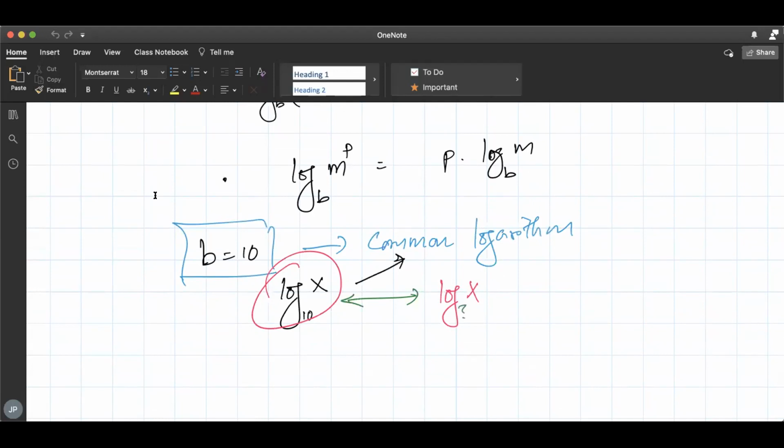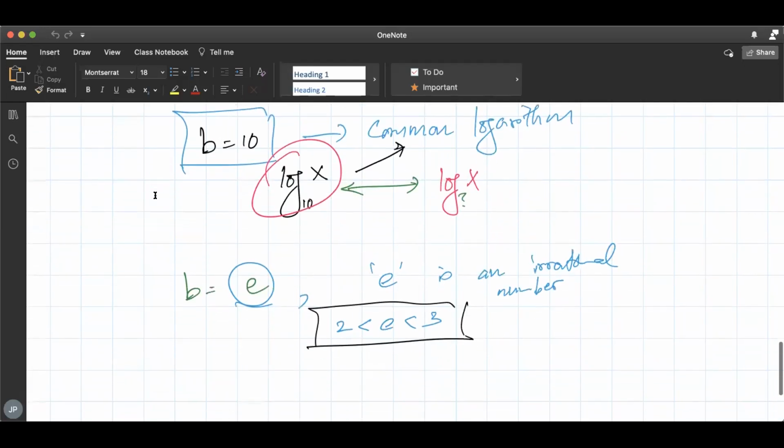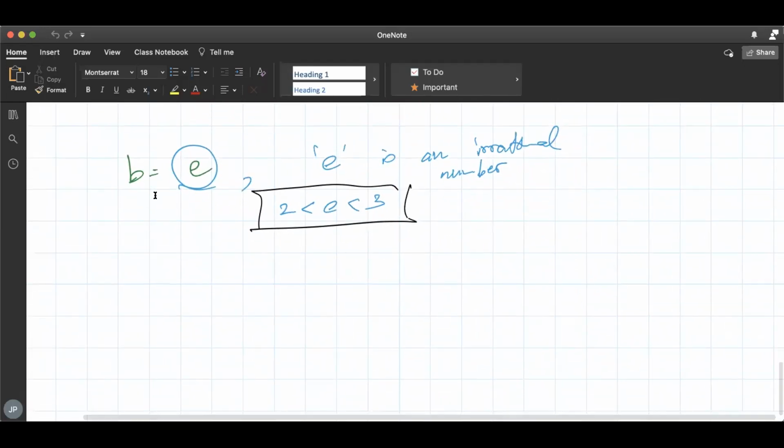However, when the base b is a number e, e is an irrational number. For the time being, let's just keep this in mind, all right? e is an irrational number between 2 and 3.